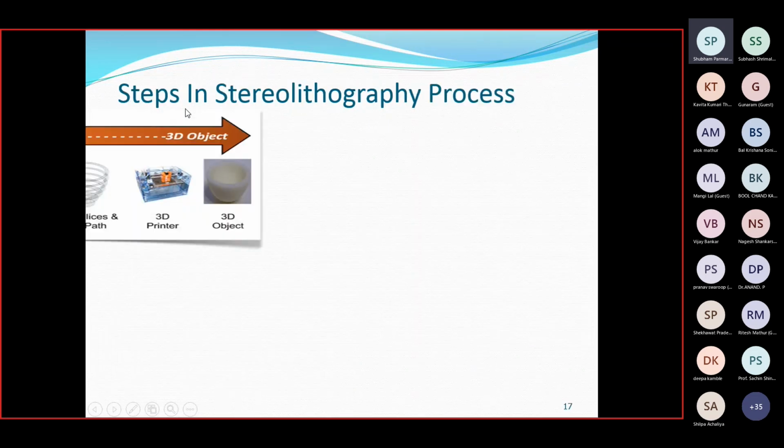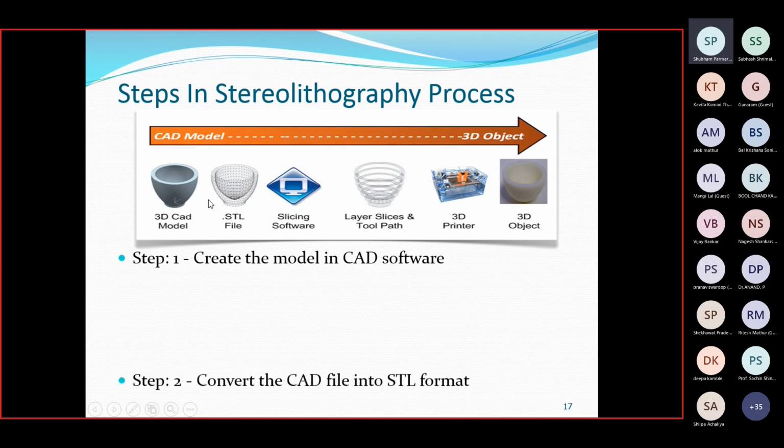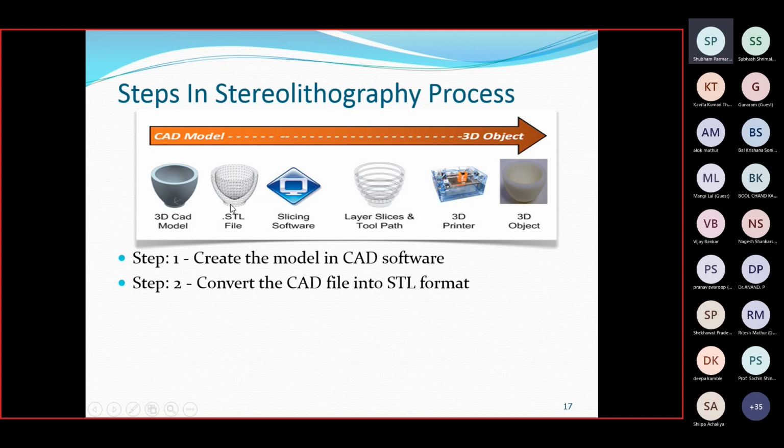Steps in the stereolithography process: we have the CAD model here. Okay, we generate the STL model, meaning dividing this CAD model into STL format, and that is basically the concept of dividing this complete surface into different smaller triangles, and then we use slicing software. Most 3D software has modeling and slicing in the same software itself, so we don't need any other slicing software from outside.